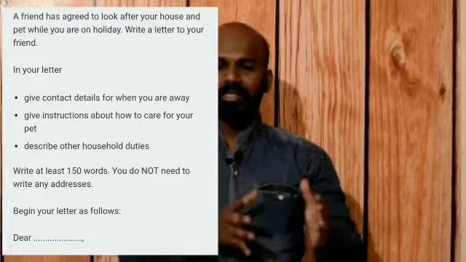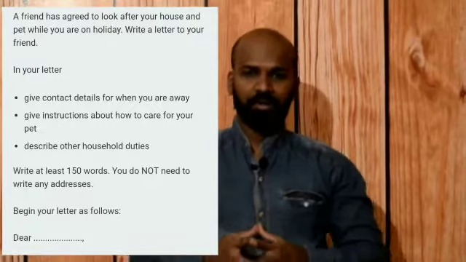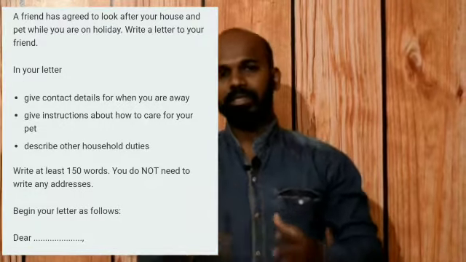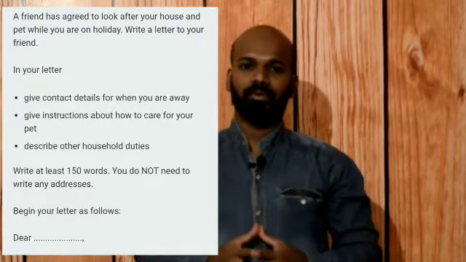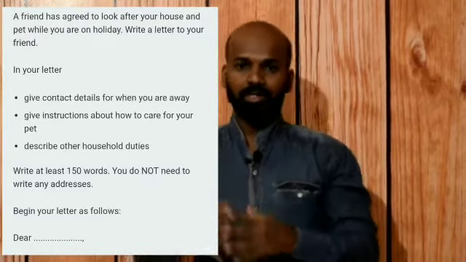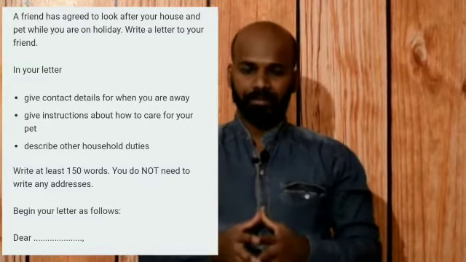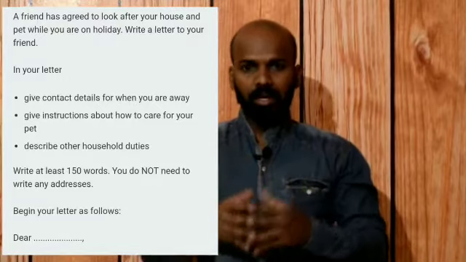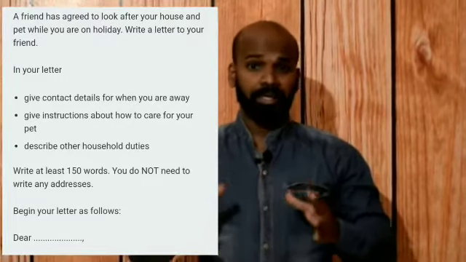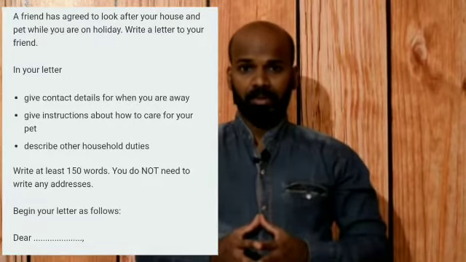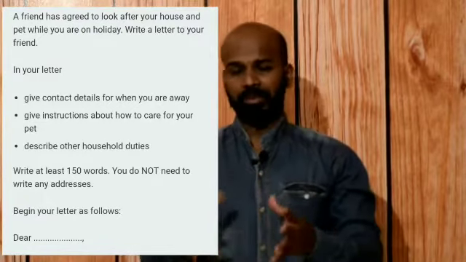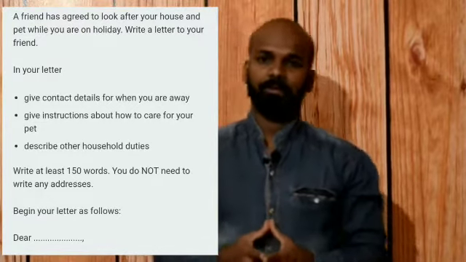Of course in this condition this is an informal or friendly letter. So you can start with "Dear", then the first name of the recipient to whom you are writing the letter. Then you don't need to write any address. So this is how the question appears in IELTS General Task 1.